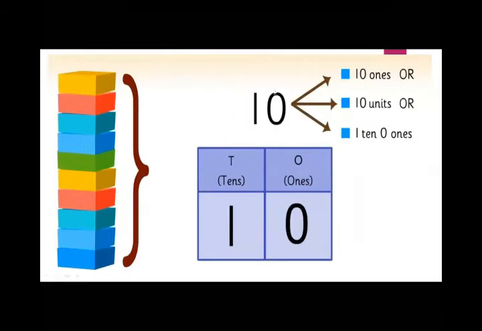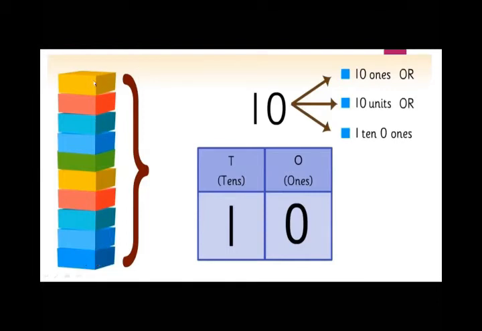There are 3 ways to read this. The first way is 10 ones. How 10 ones? This single block shows the ones or unit.